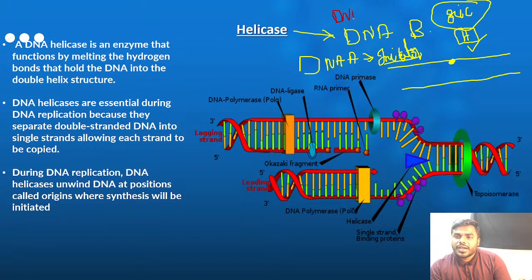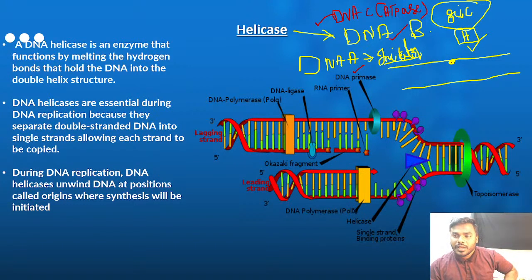We will be calling it DnaC. DnaC we will be calling an ATPase. ATPase is the one which will provide the energy for the DnaB helicase. Then with the help of DnaA, it recognizes the ORC, then starts opening the double-stranded DNA.